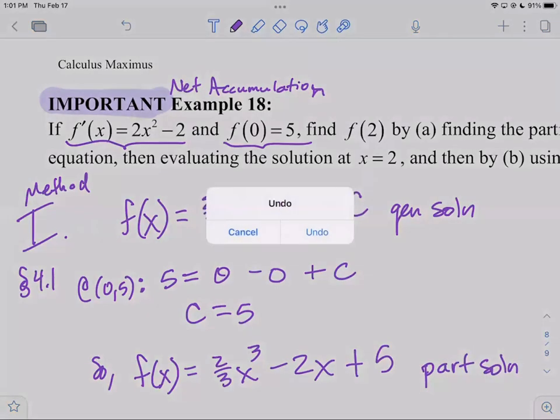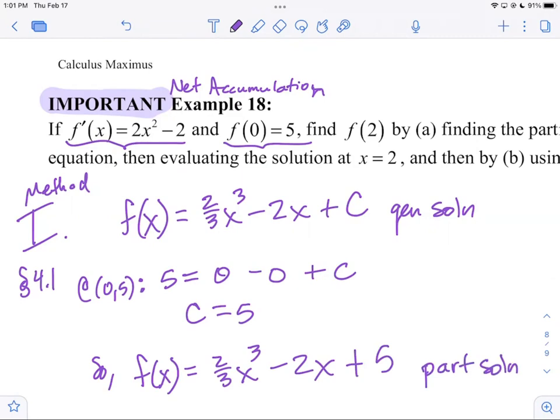Particular in that it's the only function in the whole wide world whose derivative is 2x squared minus 2 that happens to have a y-intercept of 5, passing through the point (0, 5). Now that I have the function, I could evaluate it at any other x value because it's a polynomial, continuous and defined everywhere. Oh, you want f of 2?